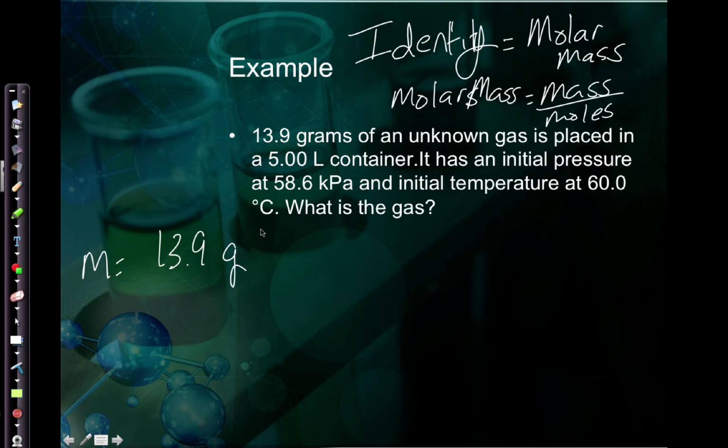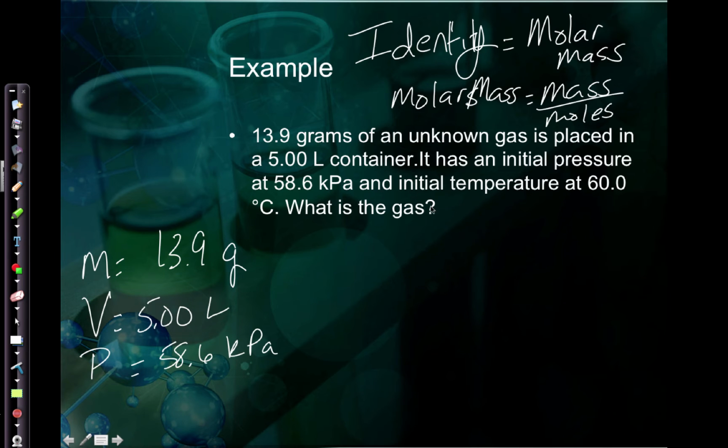So let's keep reading and see what else we have. We know that the volume of the gas is 5 liters, and it has a pressure of 58.6 kilopascals. Even though it says initial pressure, I'm not going to label it as P1. It's not a combined gas law problem because nothing is changing here. It's just giving you information.